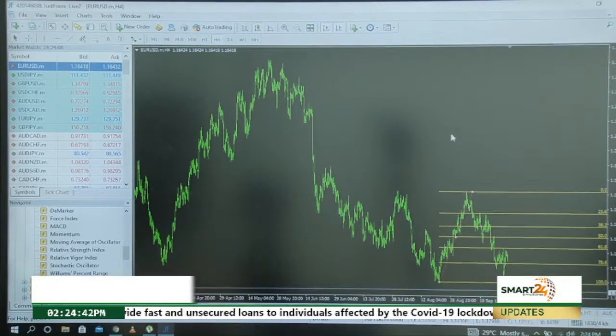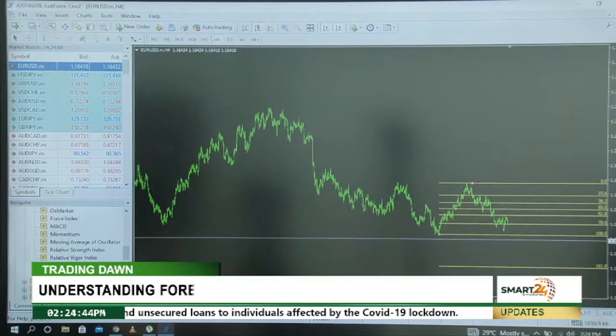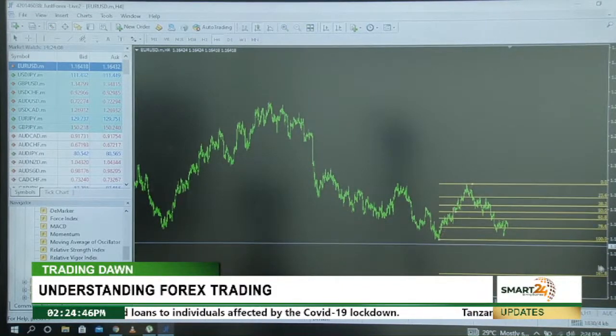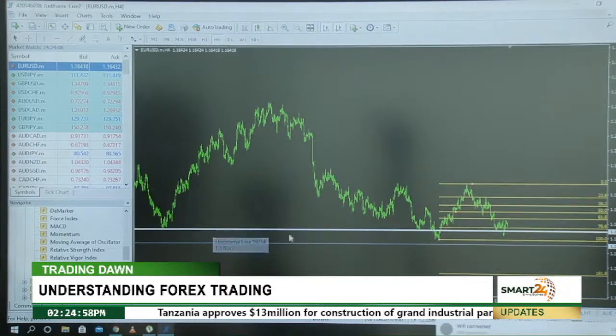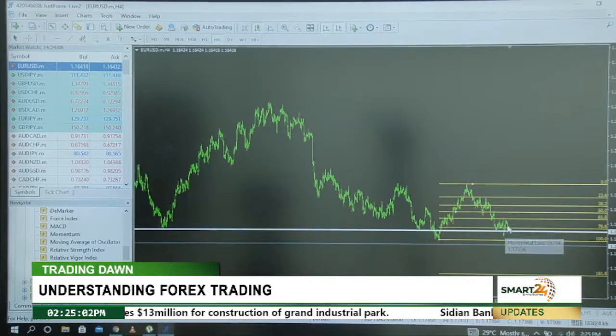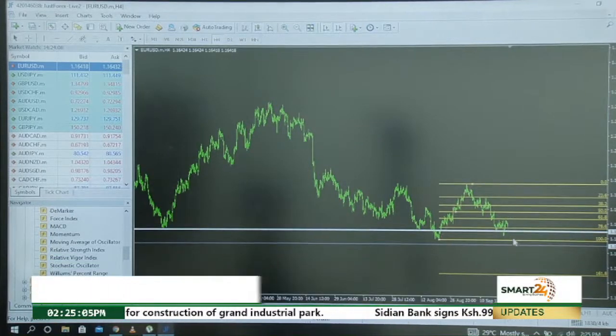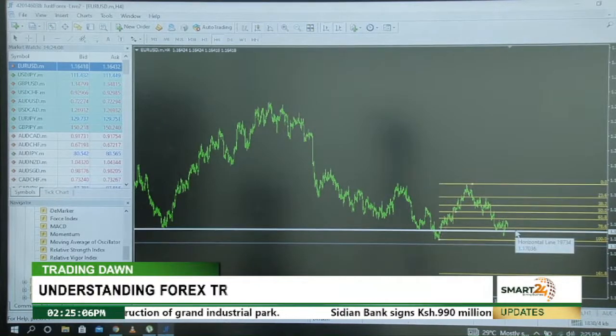We could continue selling. Let me see, there's this area here, the 161.8. Now those are areas which are very far. You can maybe keep on watching towards there. A major resistance has been broken, a major support. It was broken there, it was tested, then price came back and bounced on it, and now it is slightly below it.